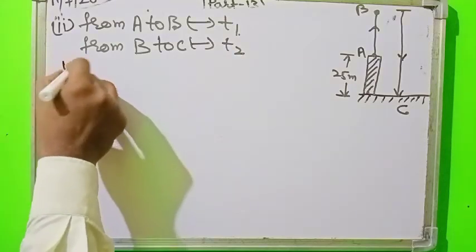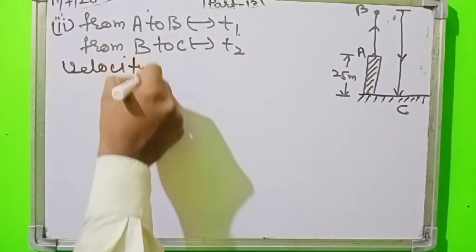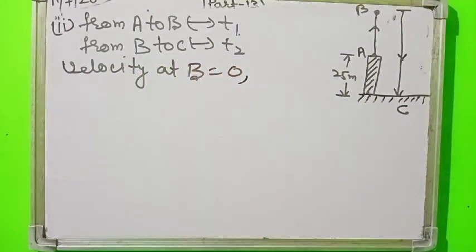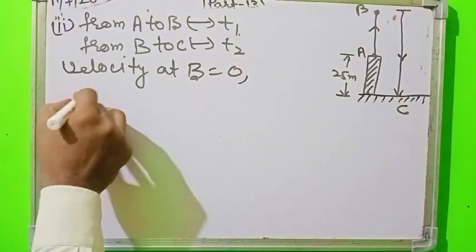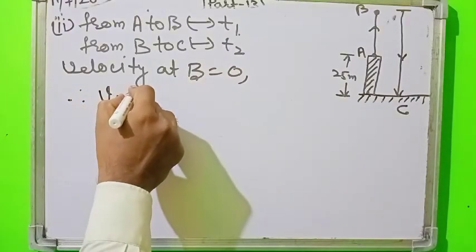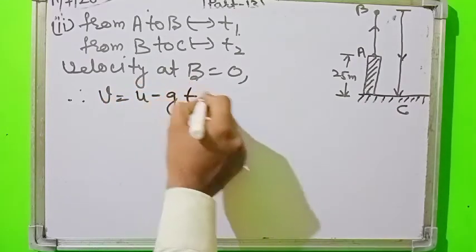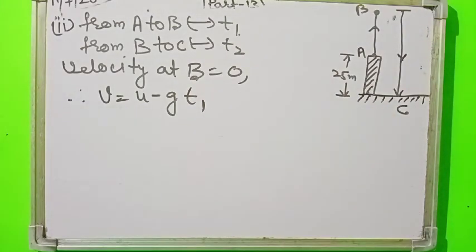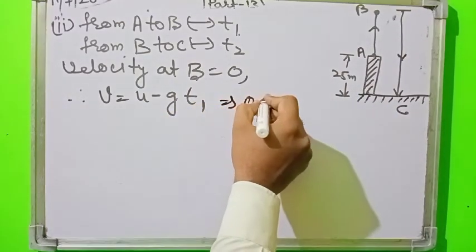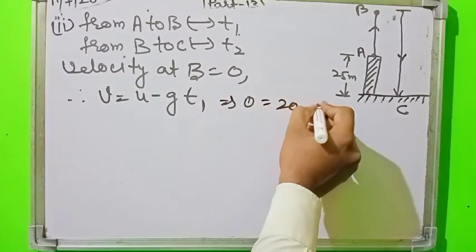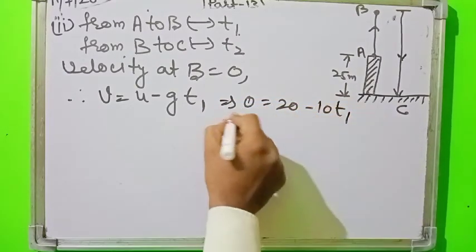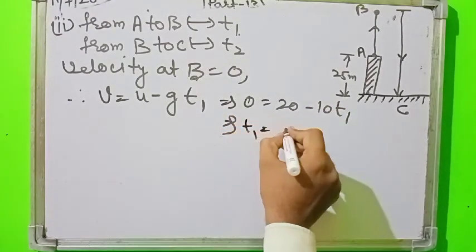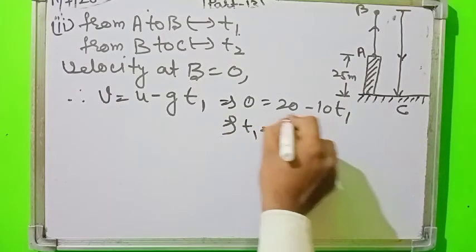Velocity at point B is equal to 0. Hence, v is equal to u minus g t1. Time for this we have to calculate, so 0 is equal to 20 minus 10 t1. From here we can calculate t1 is equal to 20 upon 10, that is 2 seconds.